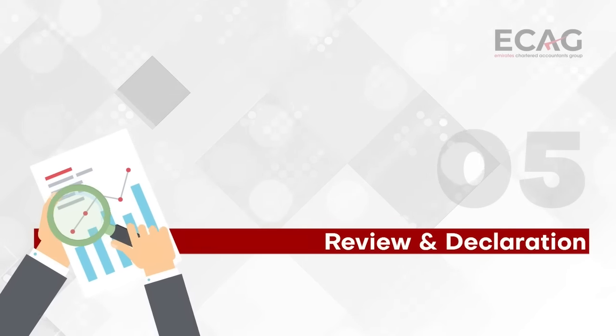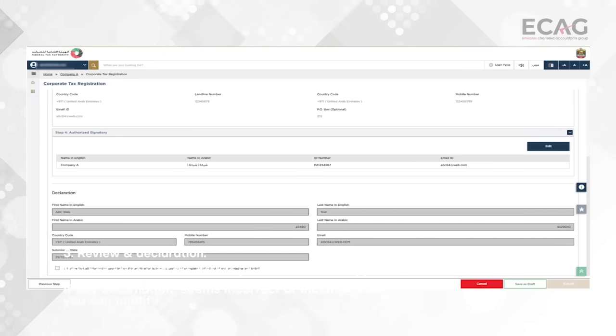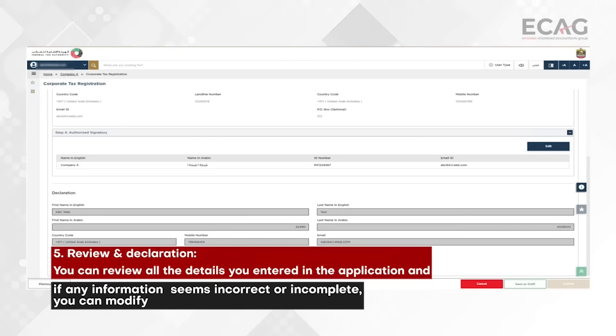Now, once you click the next button, you will go to the final stage, that is review and declaration. Now you can see the review and declaration platform, and what I suggest is you read thoroughly the content you already uploaded and make sure that it is error free.